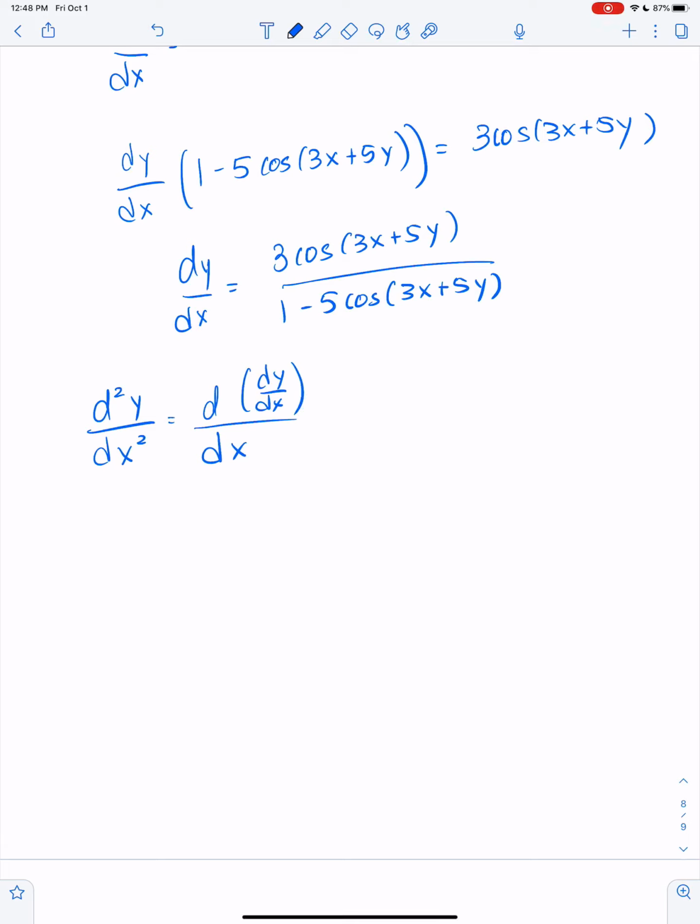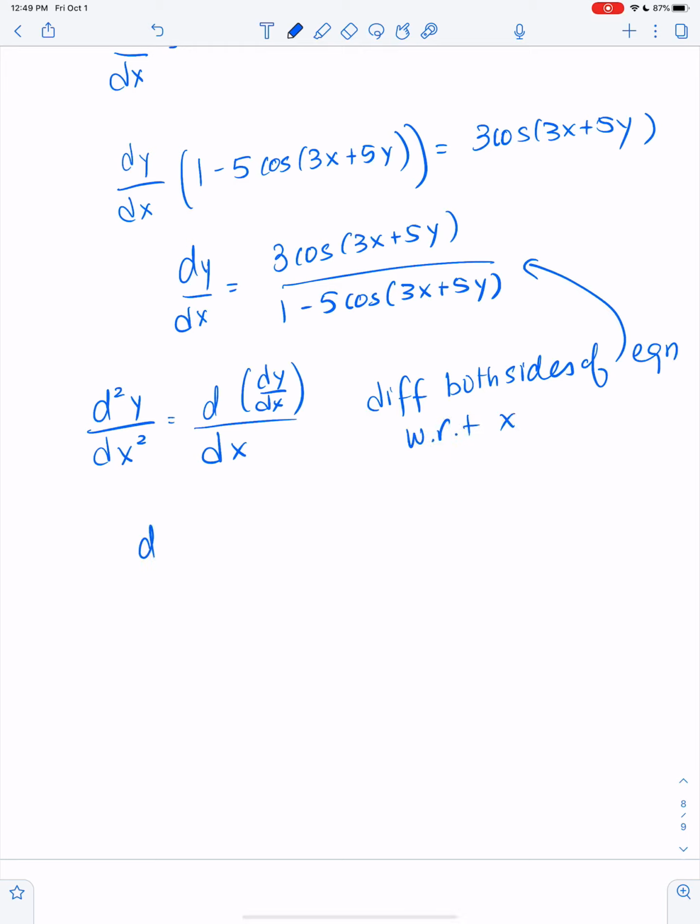So differentiate both sides of this equation with respect to x. The left-hand side is d dx of dy dx, and the right-hand side is d dx of this expression.